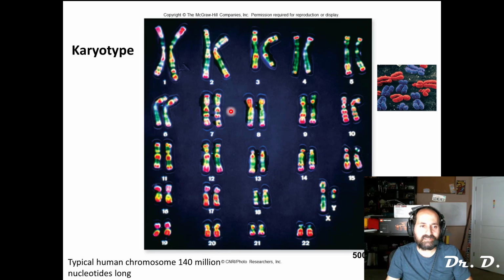But does that mean you have the same exact information? No. So for example, your mom might have blue eyes, and your mom might have given you the gene for blue eyes right here on mom's chromosome 7. But here on dad's chromosome 7, your dad may have given you the gene for brown eyes, right? Because he has brown eyes. So here would be a brown eye chromosome 7.